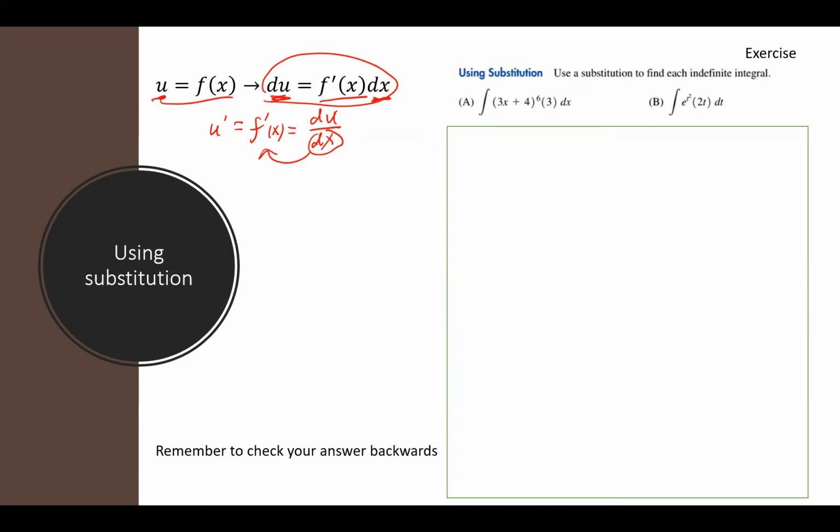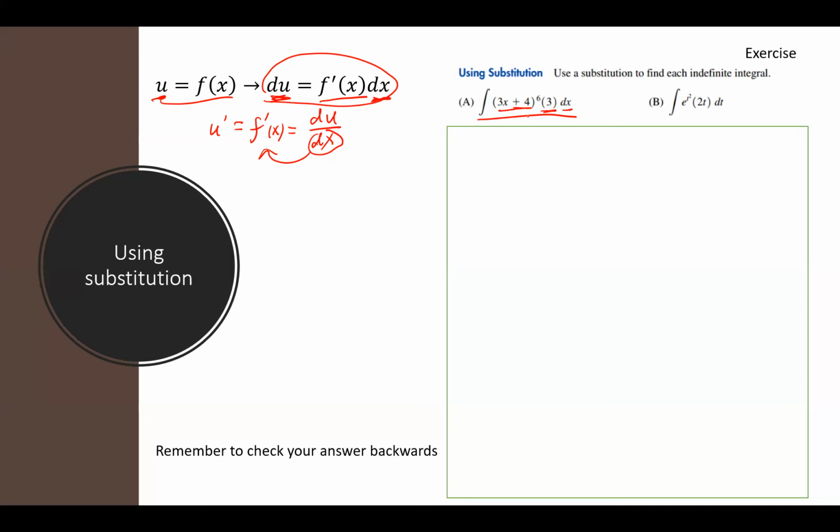Okay, let's look at this first example. In this case, we are looking at something in parentheses raised to the power of 6, and then another term. So these are two terms multiplied together, and we want to calculate their integration with respect to dx.